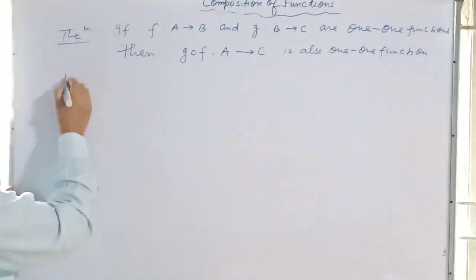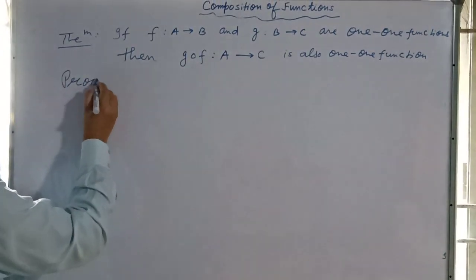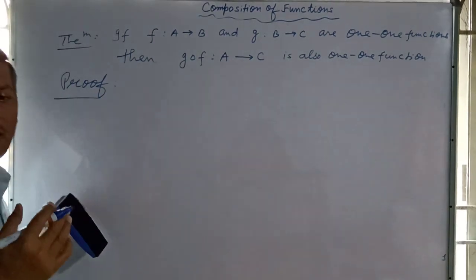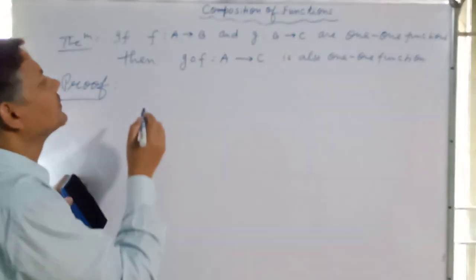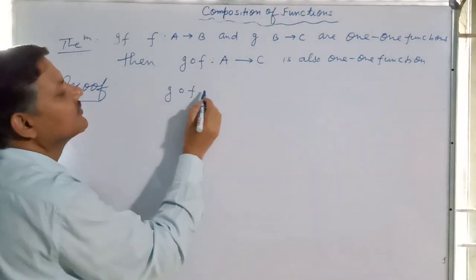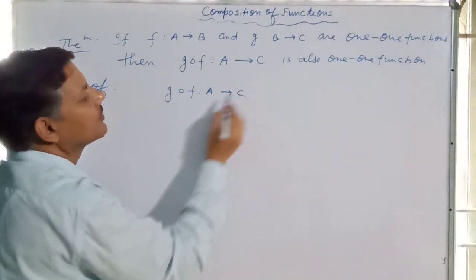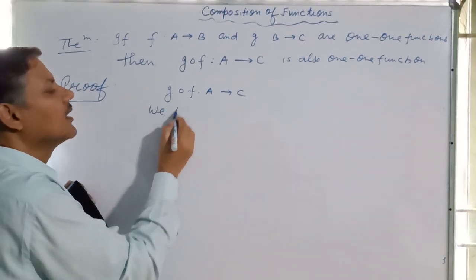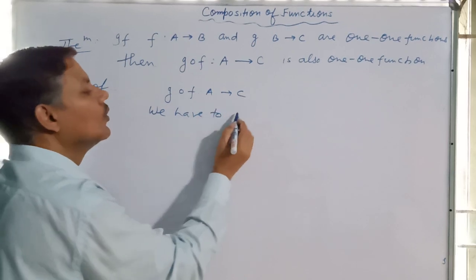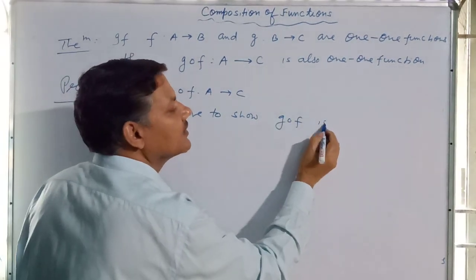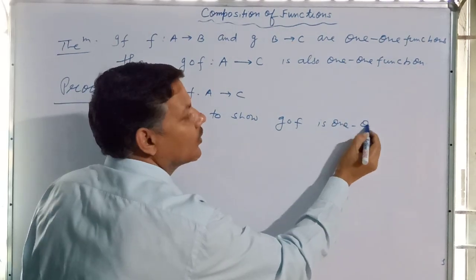So this is the proof. f is 1, 1 and g is also 1, 1. So we write f composition g is a function from A to C. We are required to prove what? We have to show f composition g is 1, 1.